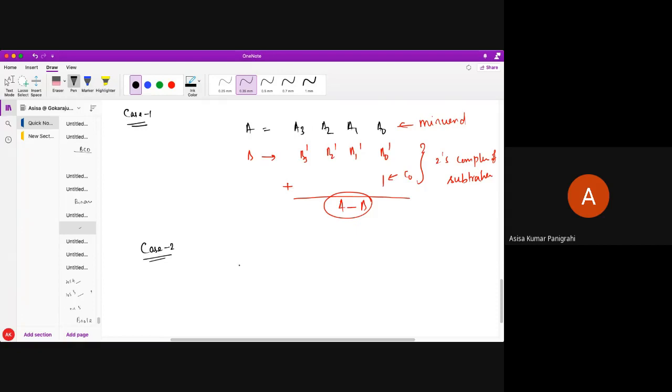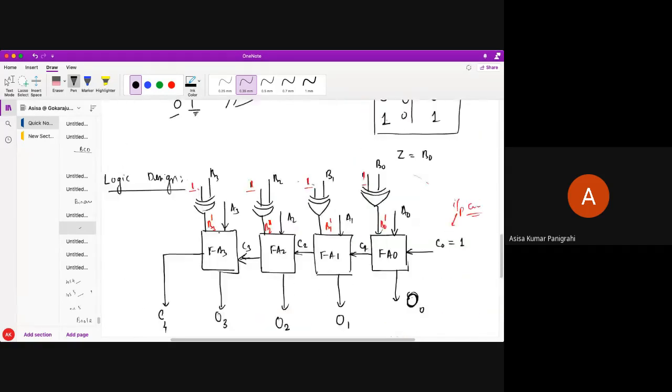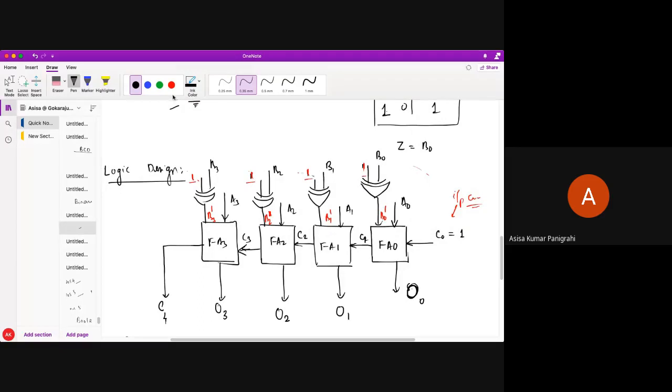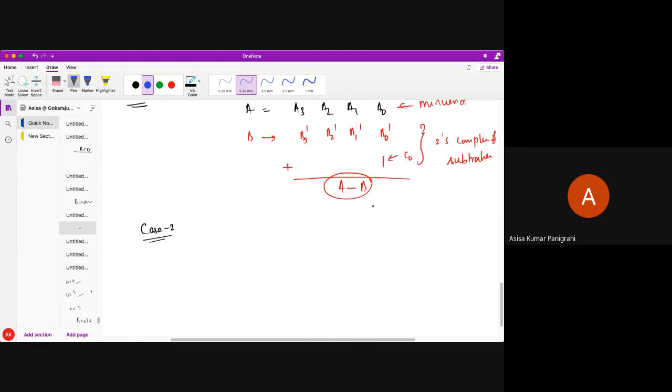Okay, so case 2. Let's say this is what I have done in case 2. I have given all the bits as 0 now, instead of 1. So if I give 0 to all the bits, what will it give, students? Can I say that this is my A, which is A3, A2, A1, A0?